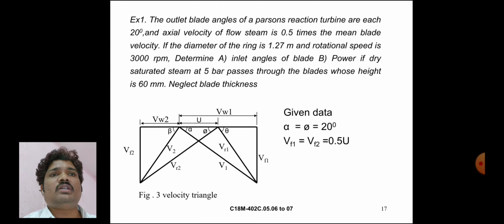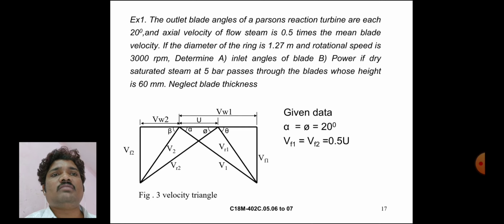If the diameter of the ring is 1.27 meter and rotational speed is 3000 rpm, determine A, inlet angle of the blades. B, power if dry saturated steam at 5 bar passes through the blades whose height is 60 mm. Neglect blade thickness.